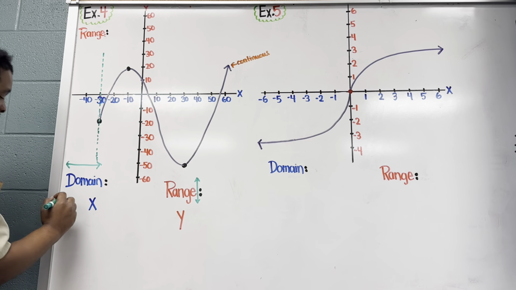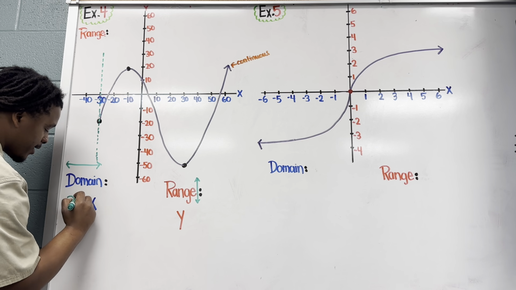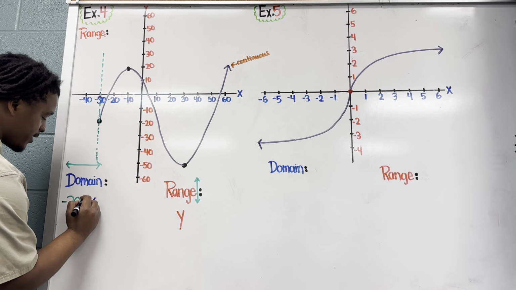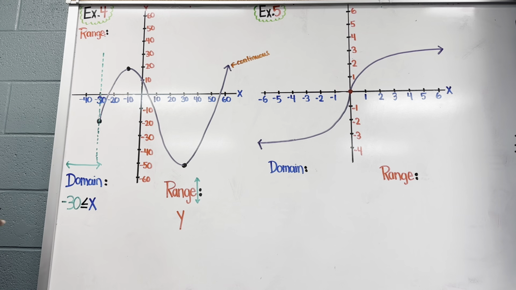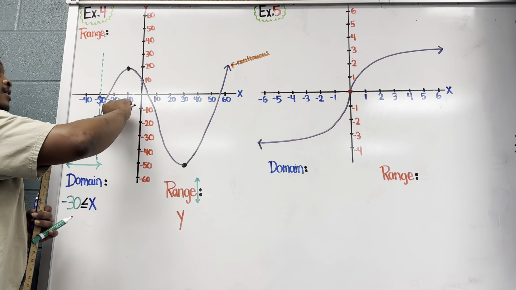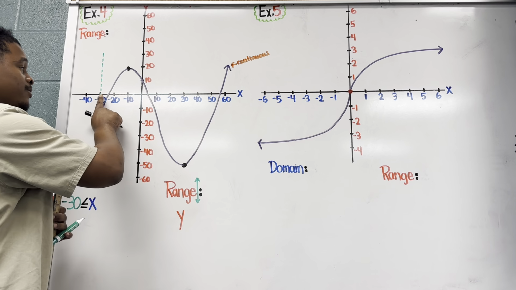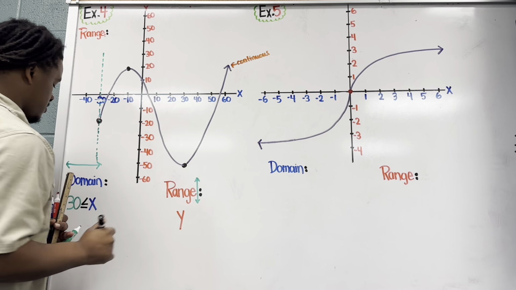So with that being said, x is greater than or equal to -30, because it can actually be -30. That's why you see this closed dot, but it can also be all of these other values that are greater than -30, which is along the x-axis, okay?